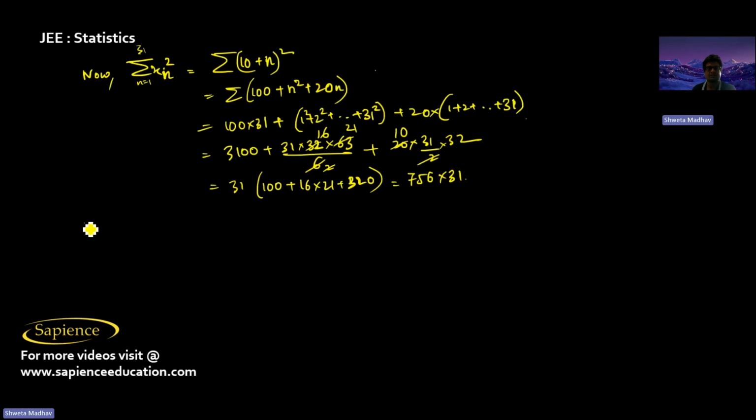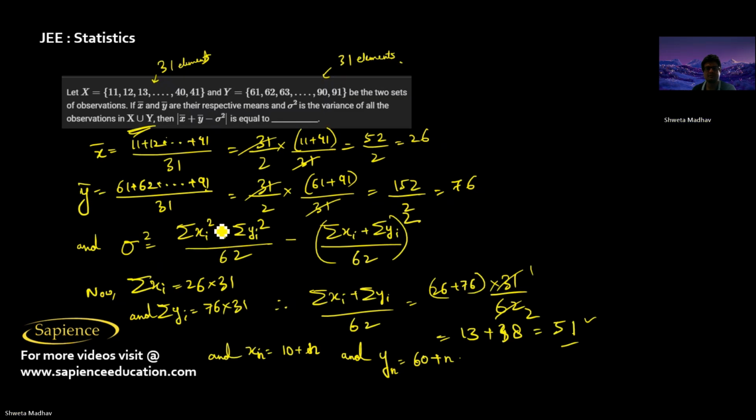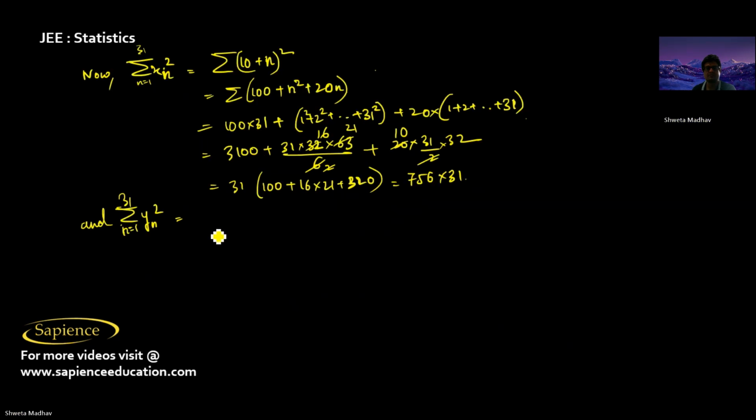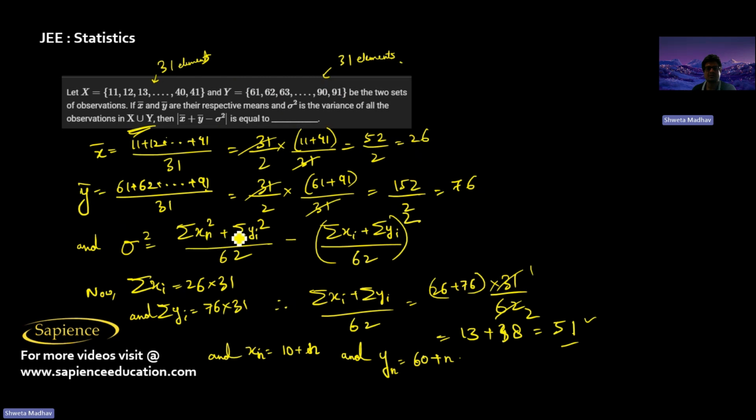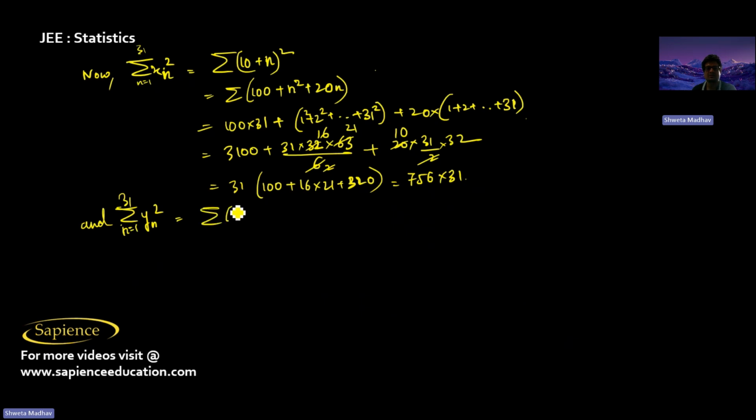Similarly, summation yn square, where n goes from 1 to 31. This is summation of (60 plus n) whole square. So this will be equal to summation of 3600 plus n square plus 120n.